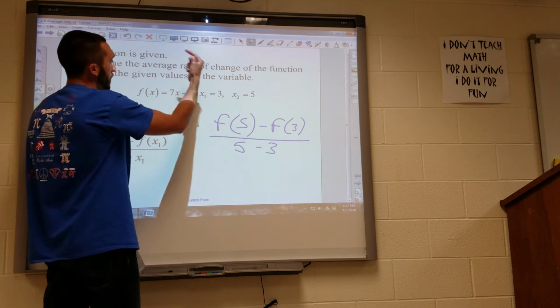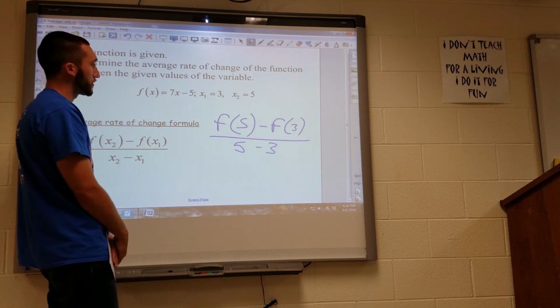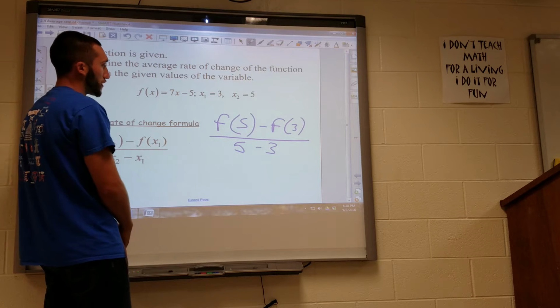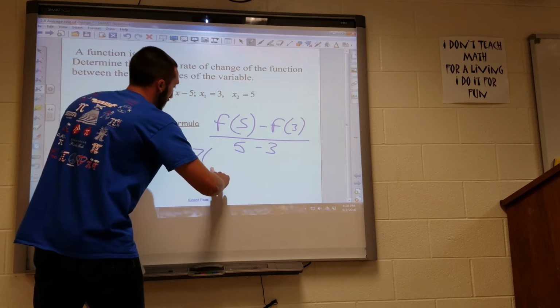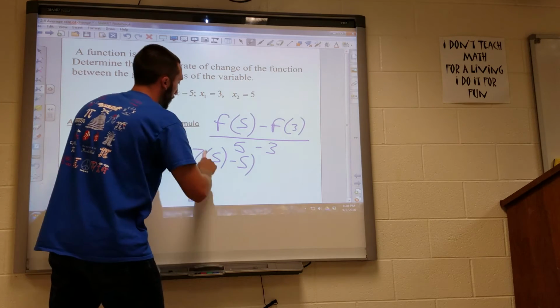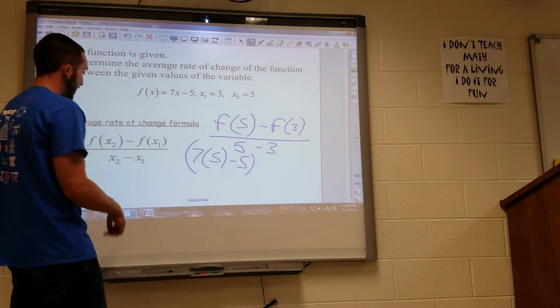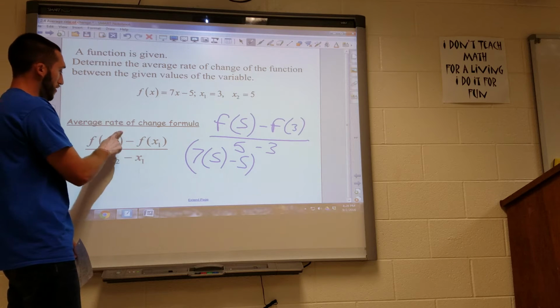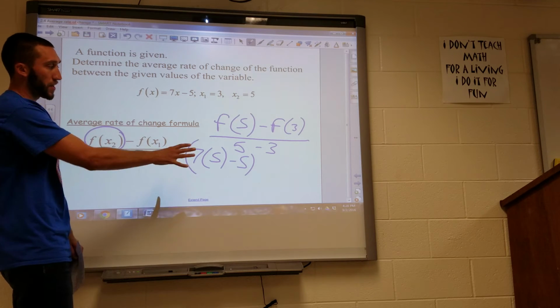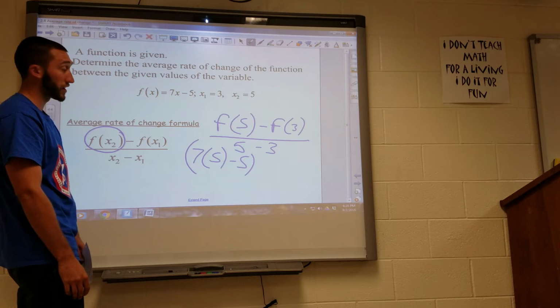So I take the 5, plug it back into my original function, wherever I would see an x. So if I plug 5 in my original function, I get 7 times 5 minus 5. I'm going to put all of that in parentheses, so I realize all of that is my f of x2, right? All of that is this right here. So I'm going to keep that in parentheses so I don't make any small mistakes later.